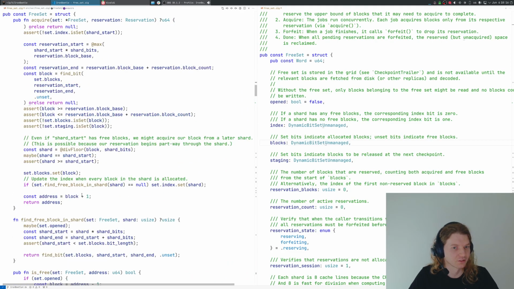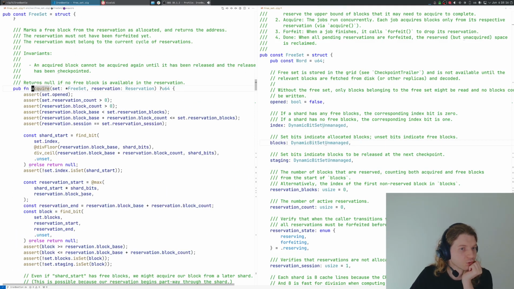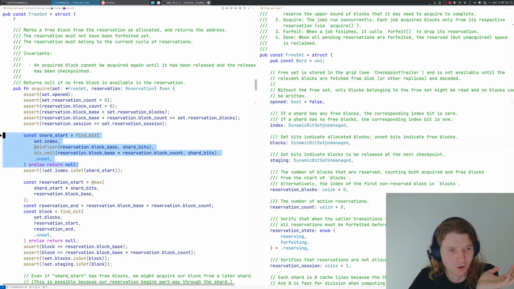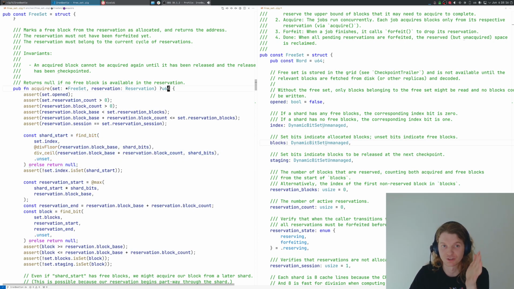If we try to acquire a block and we run out of blocks, we return null. So yes, this imposes a limit on the maximum grid size.